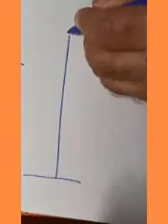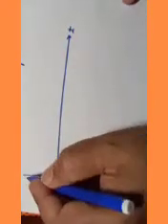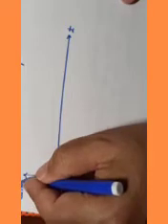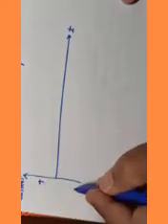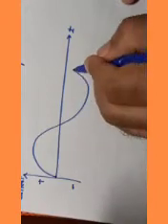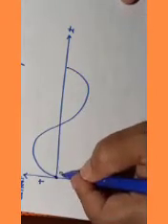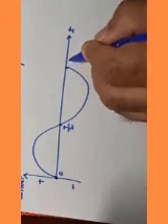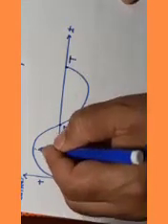Graphically, you can see it here again. This is time, this is current. Certainly this will be positive current, this will be negative current. And this is 0, T by 2, and this is T. This is I naught.